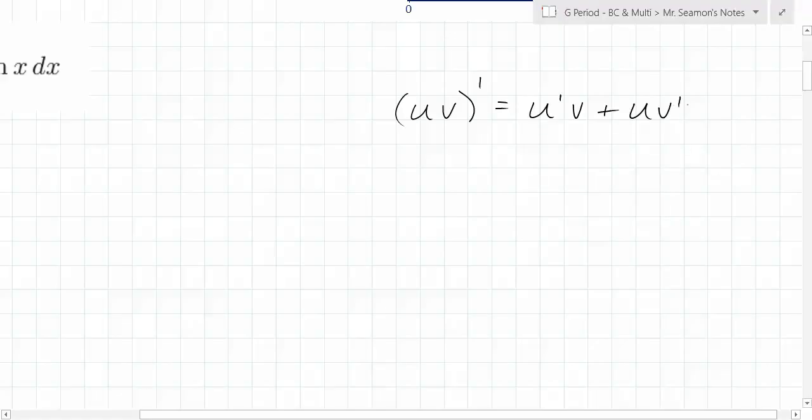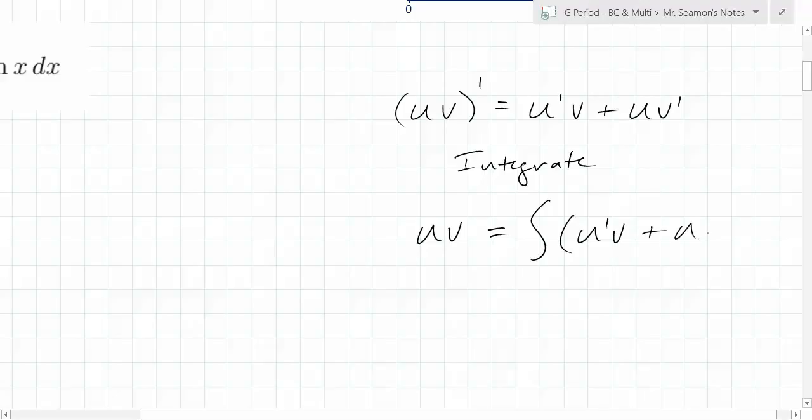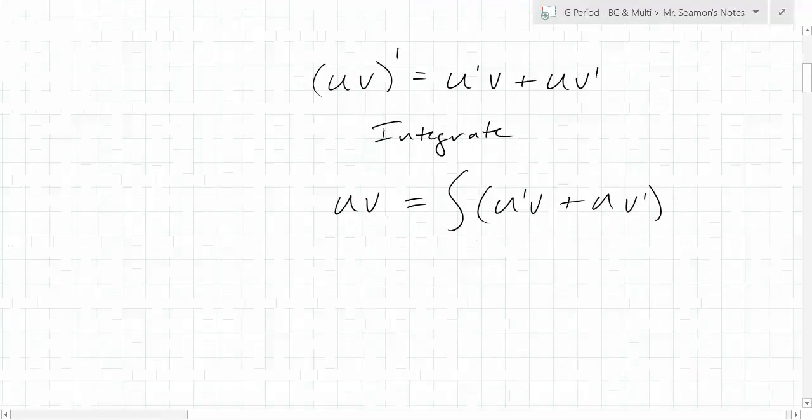If I integrate both sides, I can go back to where I started on the left. So if I integrate the left, what do I end up with? So I end up with uv equals the integral of this thing, u prime v plus u v prime, correct?